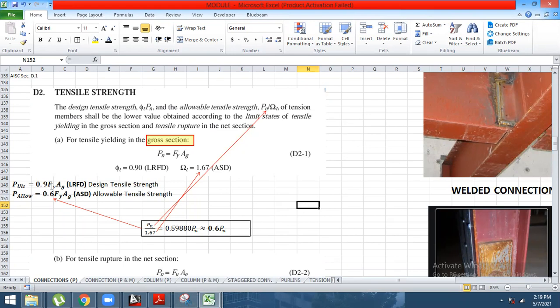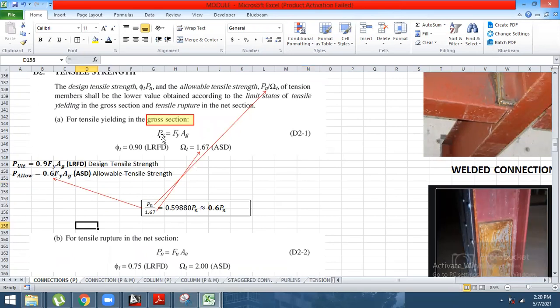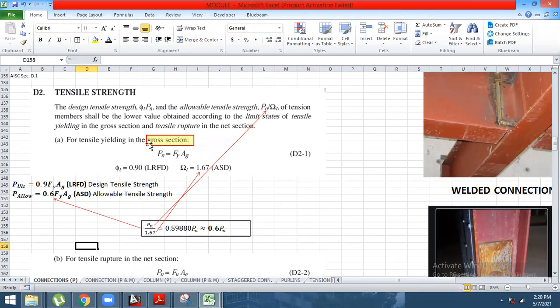So P ultimate equals 0.9 Fy Ag. For LRFD, the ultimate capacity of the connection for tensile yielding is phi Rn, the capacity reduction factor multiplied by the nominal Rn. So that is 0.9 Fy Ag.